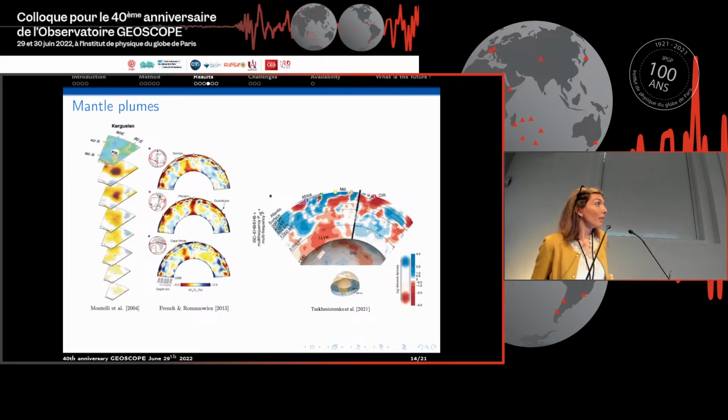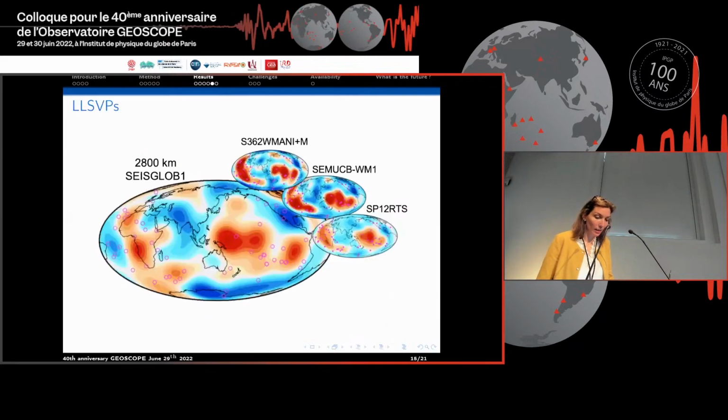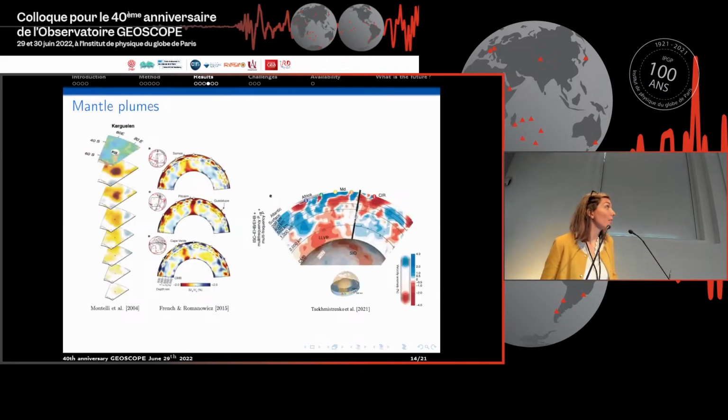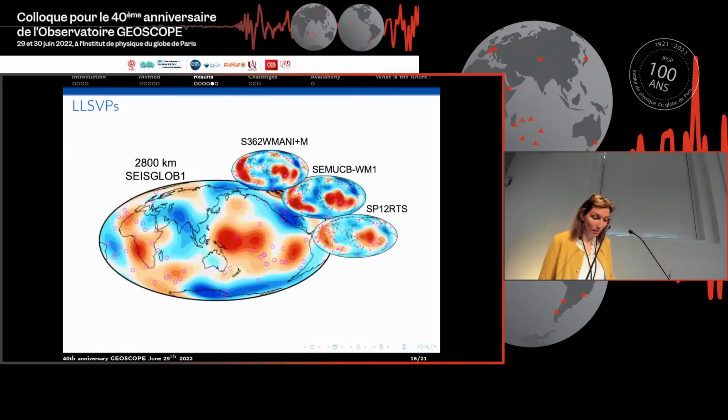The last one is a recent image of the La Réunion plume from the RHUM-RUM project, where you see it can be more complicated. And the interpretation of this is, I guess, still under discussion with geodynamicists.